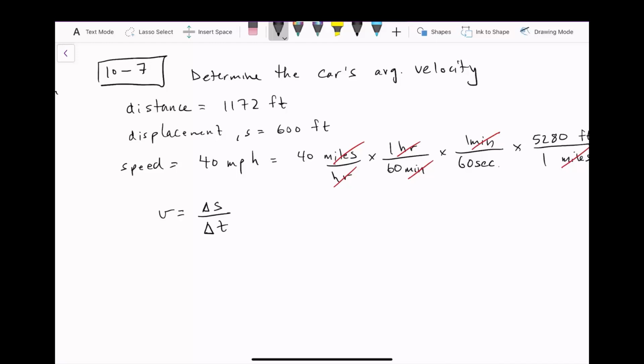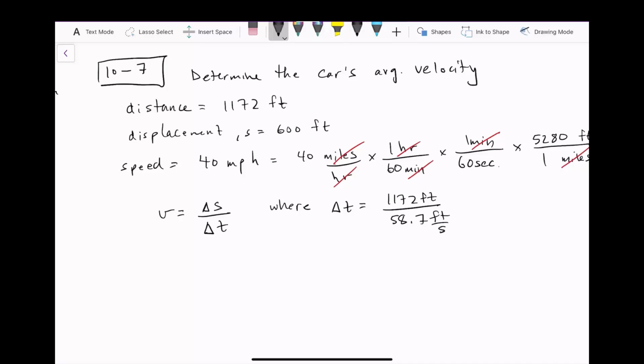What we can then get from here, and it may not be completely obvious, is the fact that we do have speed, which is a scalar, and we have distance, which is also a scalar. So we can actually figure out the time from that, where delta t is equal to 1,172 feet, and we're going to divide that by 58.7 feet per second.